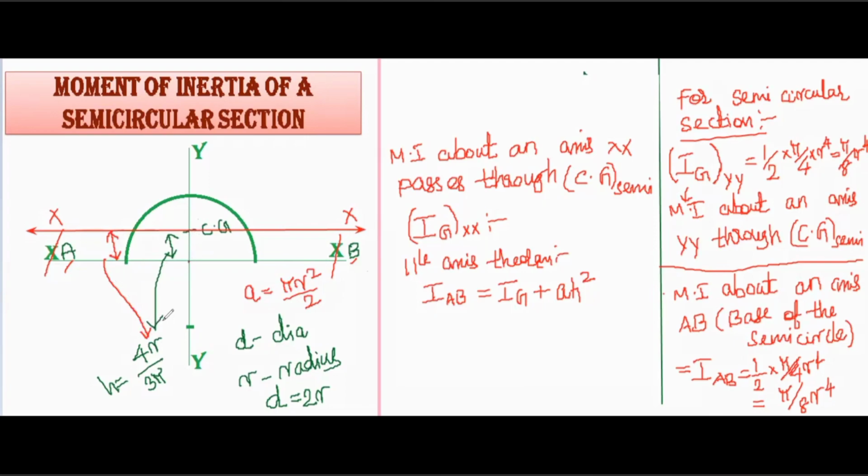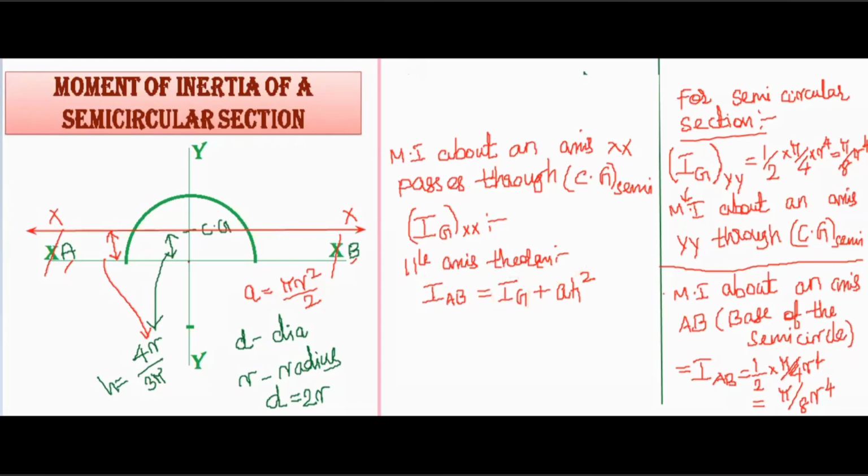So we know IAB, the area, and also h. So we need to calculate IG.